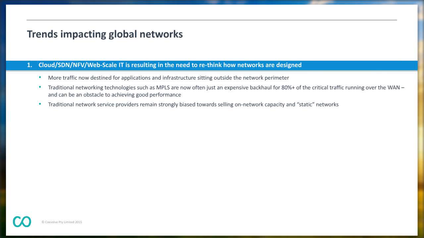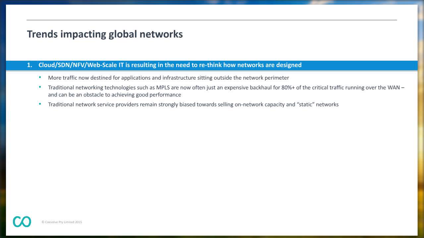And that's quite a shocking thing to realize when you find that you spent a lot of money on an MPLS network, for example, and it's really just being used as a backhaul to get to the internet. And in many cases, it's dropping off that traffic in a very inefficient place from a network topology perspective. So these expensive legacy networks are actually an encumbrance to the performance of many of the applications that are being run by these enterprises.